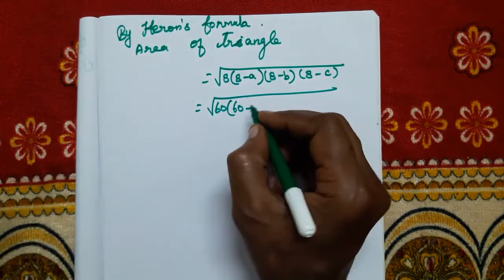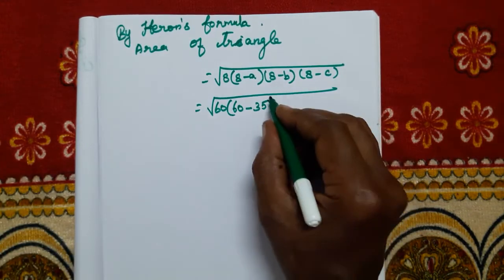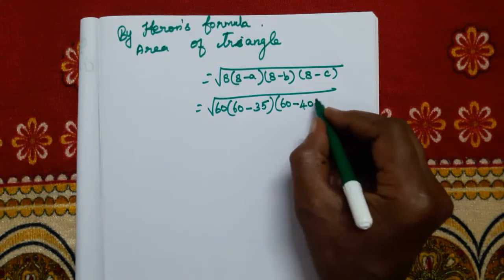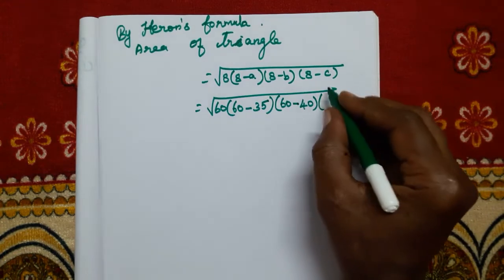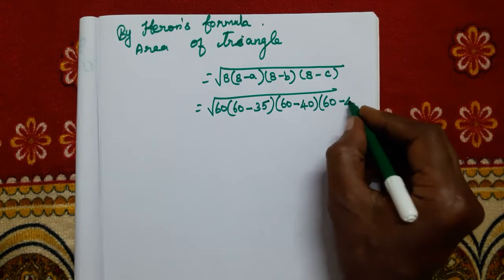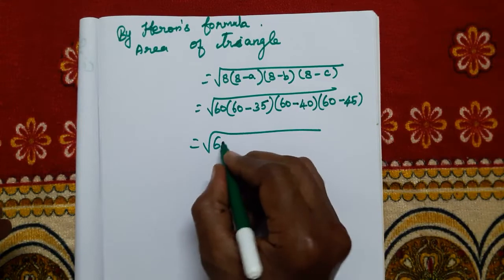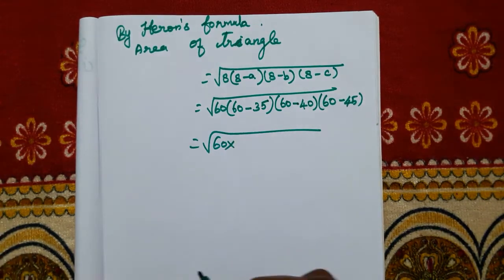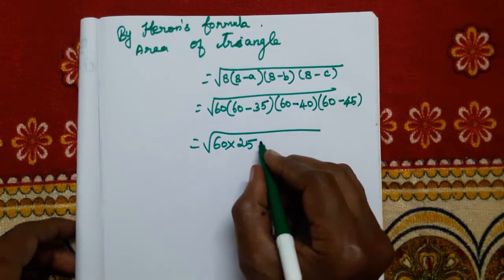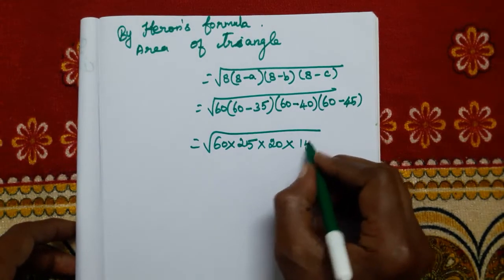Here 60 minus, what is A? 35 meter. Next, what is B? 60 minus 40. Next, S in place 60 minus C, what is C? 45. So area equal to root of 60 into 60 minus 35, 25, 60 minus 40, 20, into 60 minus 45, 15.